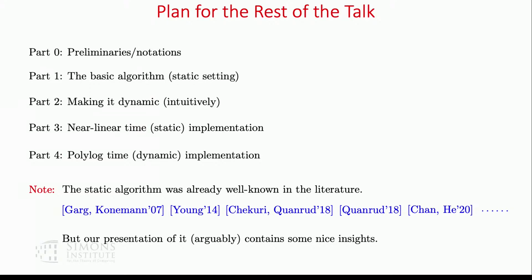So for instance, we are giving a width-independent solver for packing covering LPs, and we are analyzing it in a black box manner by invoking the regret minimization bound for the experts problem, which we could not find explicitly stated in the literature before. And it's also relatively simple. Okay, so I'll start with the basic static algorithm.